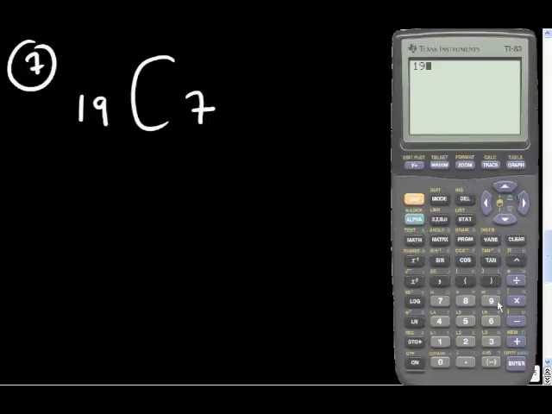Entering this in the TI calculator, 19, combination, 7, we find that there's 50,388 arrangements of 7 books where we don't care about the order.